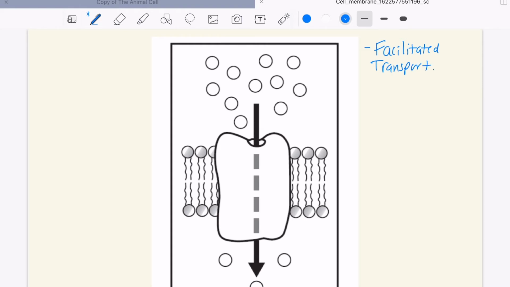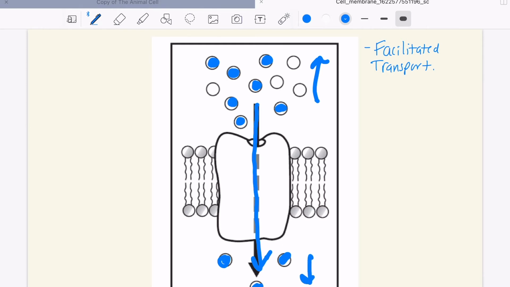But this is still diffusion, ladies and gentlemen. Notice how you have a lot of molecules outside of the cell, very little molecules inside of the cell, but the arrow is pointing this way. It's going from high concentration to low concentration. That is diffusion.